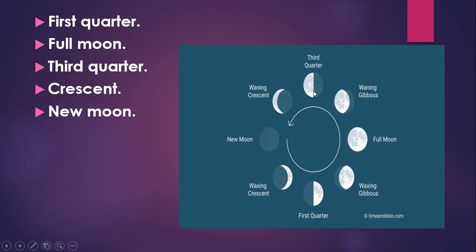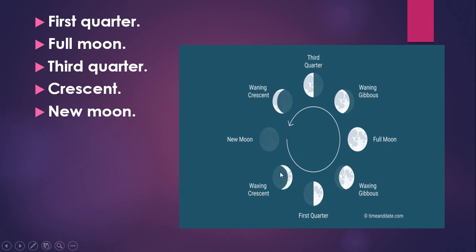The light part keeps waning and getting smaller and we call this shape a crescent moon. This is a crescent moon. Also, the light part becomes smaller and smaller till we have this phase of the moon. It is a new moon.